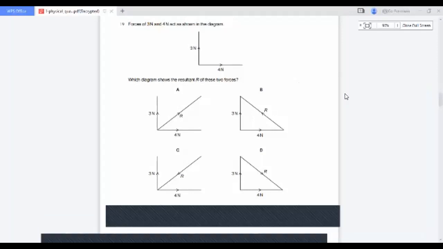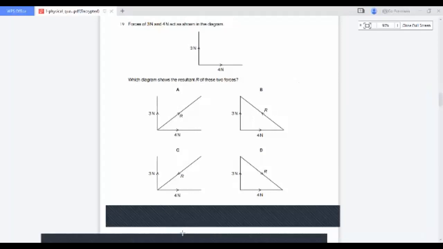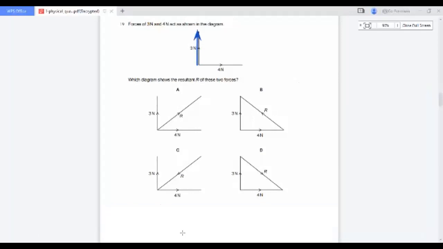Question number 19, forces of 3 Newton and 4 Newton act as in the following diagram. Which diagram shows the resultant of the two forces? So let's try it. Suppose this is our 3 Newton force. By the head to tail method, I am going to drag it here.